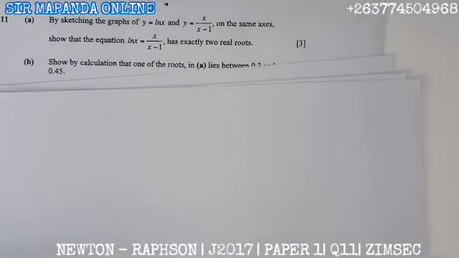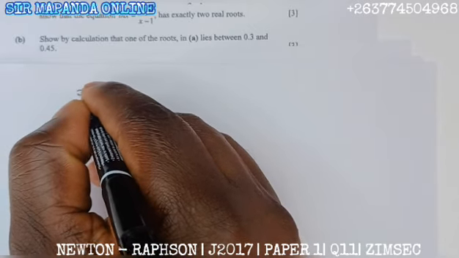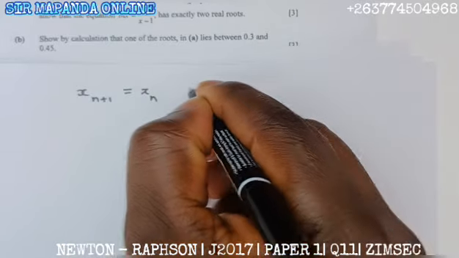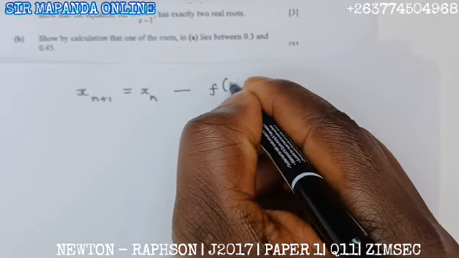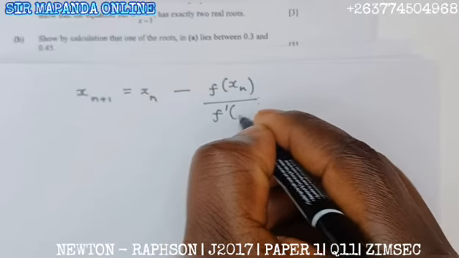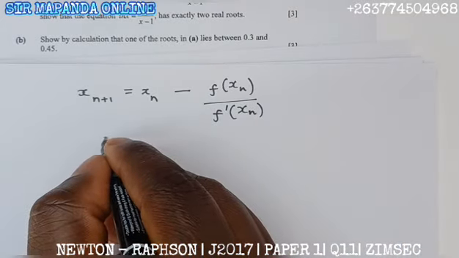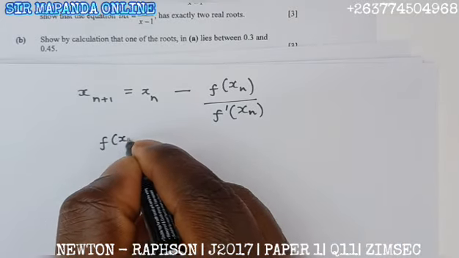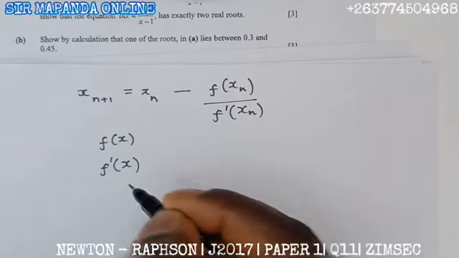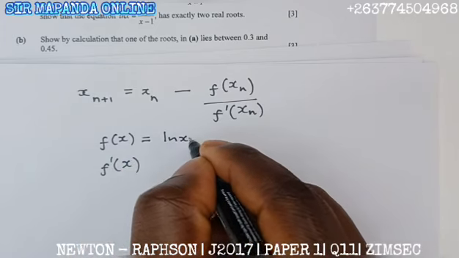Right, so according to Newton-Raphson method, the formula is x n plus 1 is equals to xn minus f of xn divided by first derivative f of xn. So we need 2 items here. We need f of x. We also need the derivative. So f of x is there already. We have ln x.